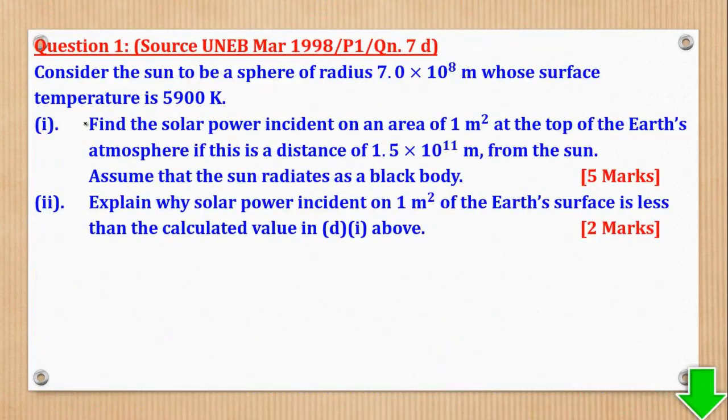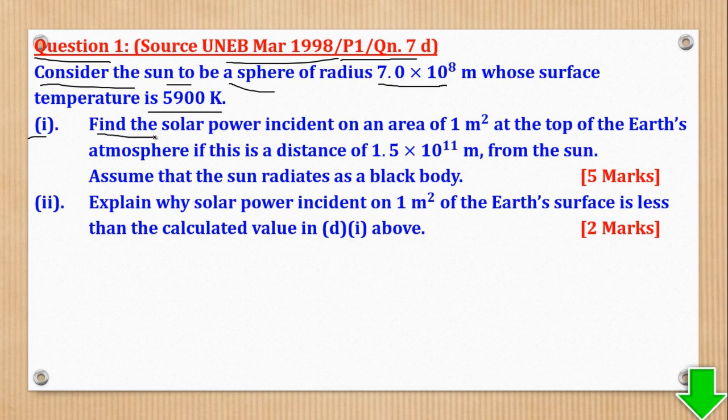And for you to easily grasp this formula, let's see some of the questions. Question 1 came from UNEB of March 1998, paper 1, question 7D, and it says, consider the sun to be a sphere of radius 7 exponent 8 meters, whose surface temperature is 5900 Kelvin.